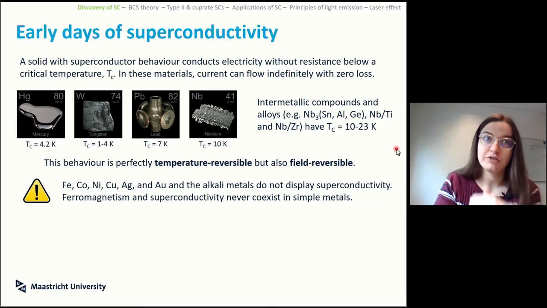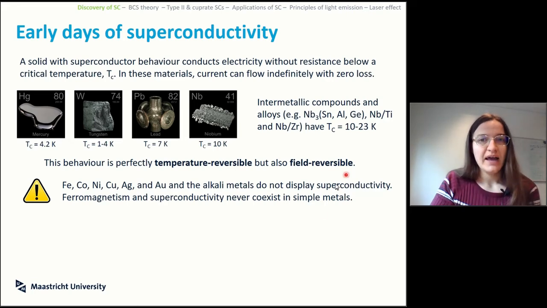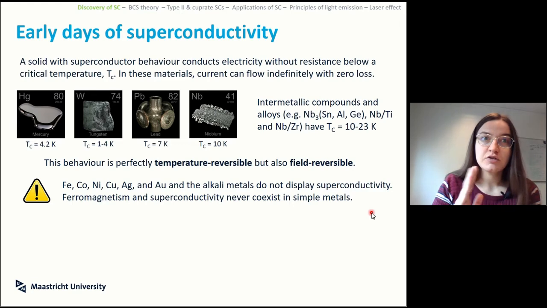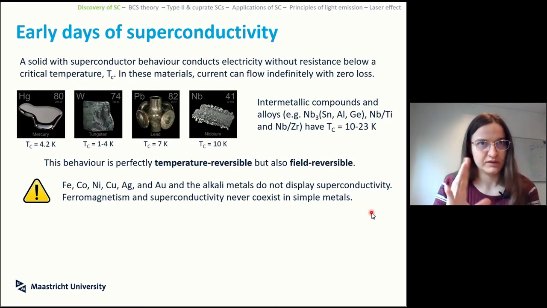So in that case you end up with the residual amount of conductivity. And it was observed that ferromagnetism and superconductivity tend to not coexist. So if your material is ferromagnetic, it will not be superconducting.